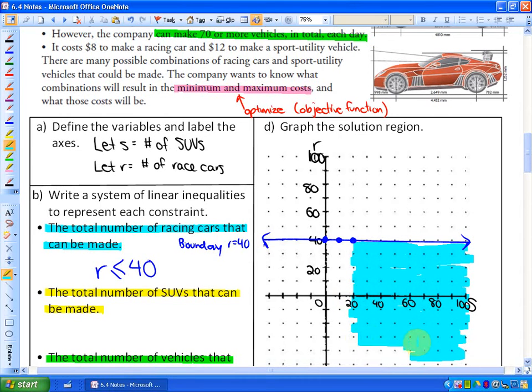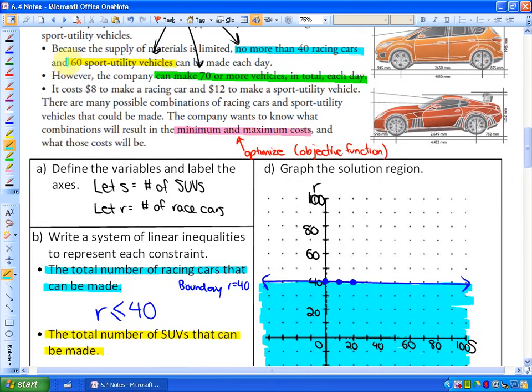The second constraint that we're looking at here is that there are no more than 60 sport utility vehicles that can be made in a day. So let's go ahead and look at that one, or maybe while I'm shading this you could pause it and try and represent no more than 60 sport utility vehicles in a day. Okay, so the yellow constraint here, no more than 60 sport utility vehicles in a day, would look like this.